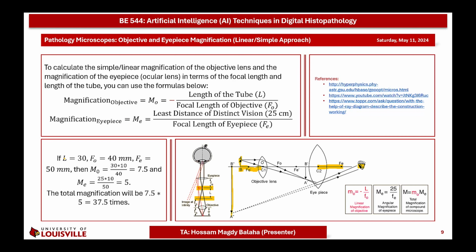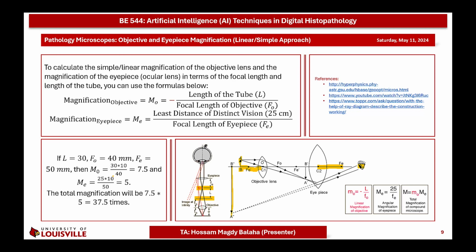So simply, if L is equal to 30 and FO is equal to 40 millimeters and FE is 50 millimeters, then MO is 30 multiplied by 10 to convert from centimeters to millimeters, divided by 40, which is FO. This will be 7.5. ME will be 25 multiplied by 10 to convert from centimeters also to millimeters, divided by 50, and this is equal to 5.